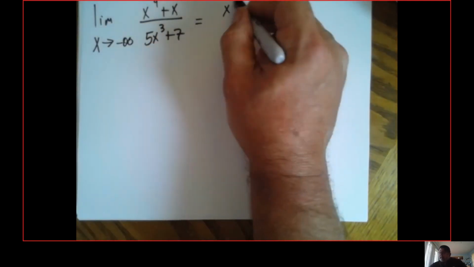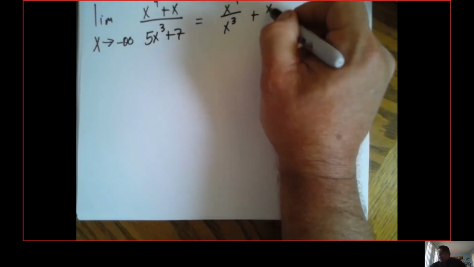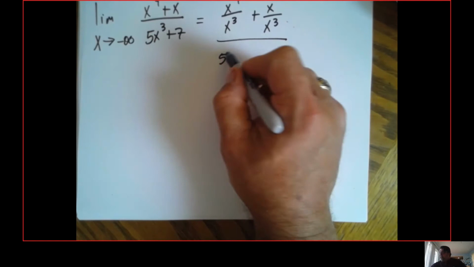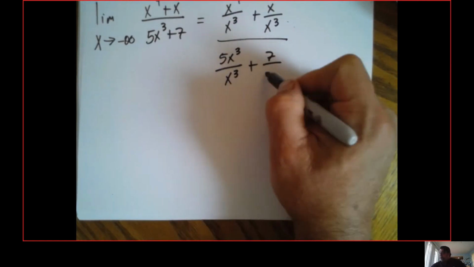X to the 4th divided by x cubed plus x divided by x cubed, over 5x cubed divided by x cubed plus 7 divided by x cubed.